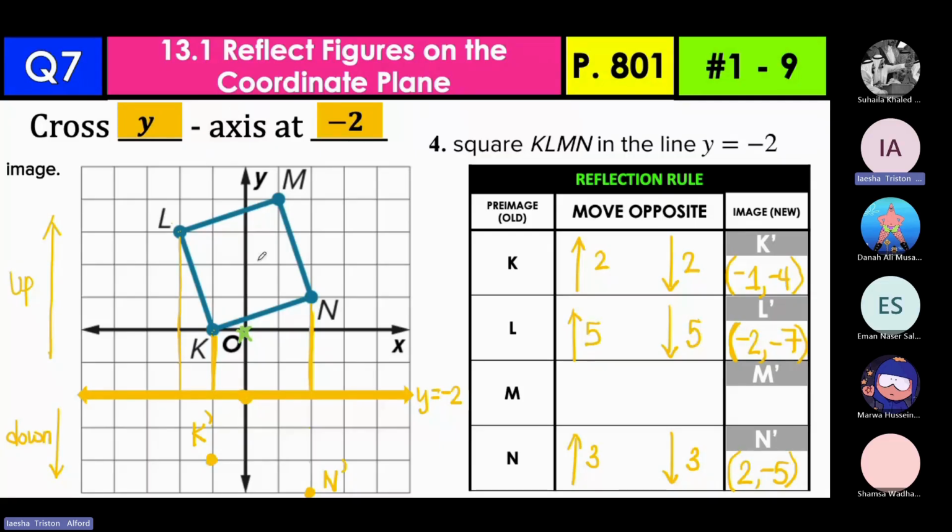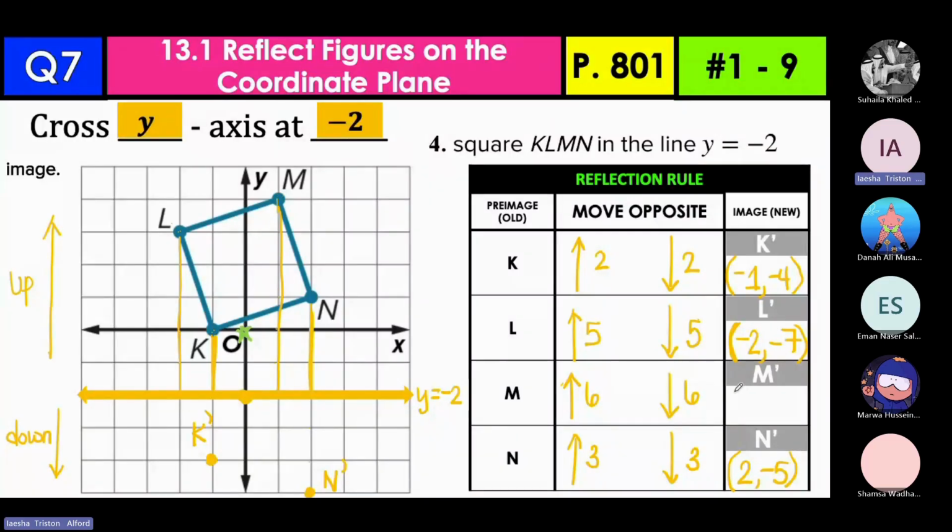I'll show you again. We want the M. M is going up from the line. How many up? 6. So 1, 2, 3, 4, 5, 6. So if we want M prime, we need to go down 6. To find out where M prime is, the X number is going to stay the same.